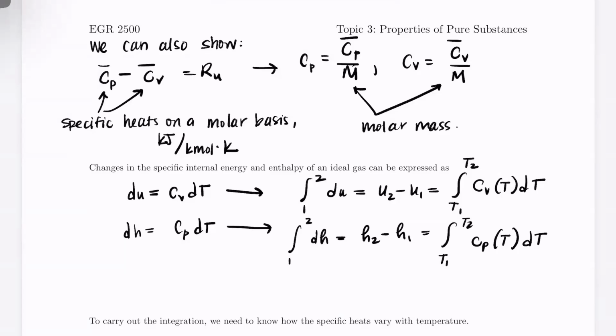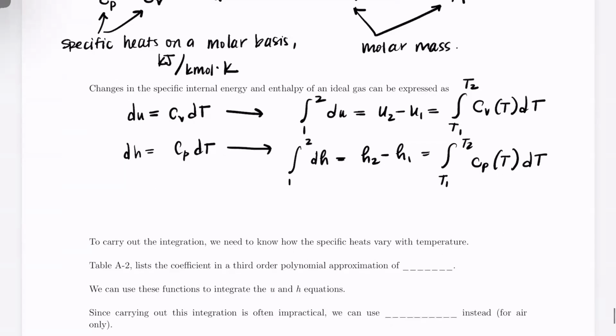Table A2 lists the coefficients in a third order approximation of Cp, and it is of the form A plus BT plus CT squared plus DT cubed.